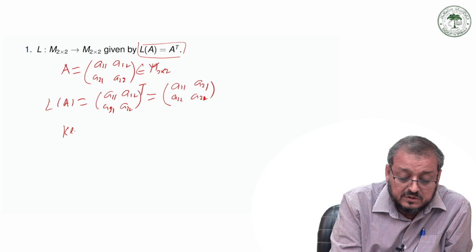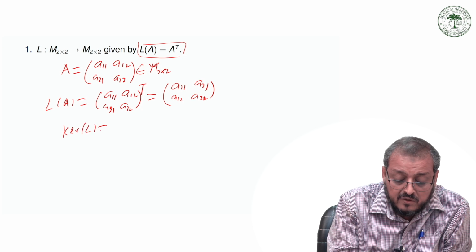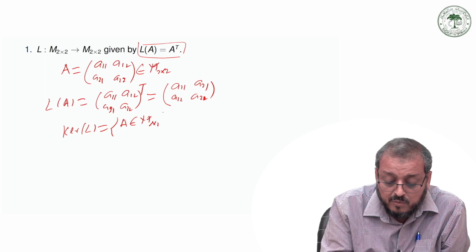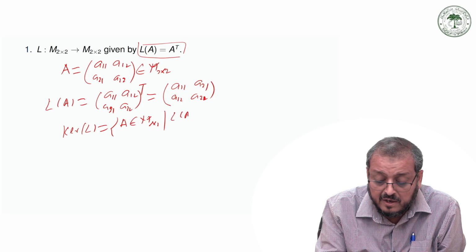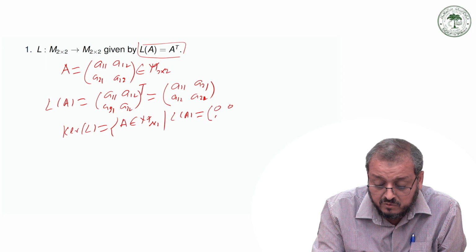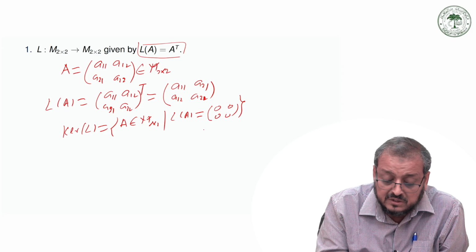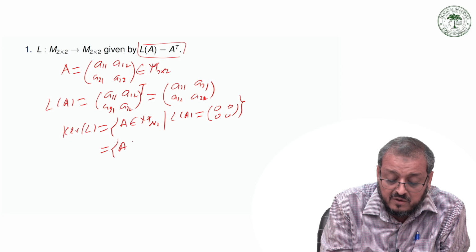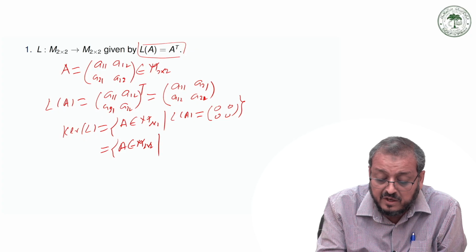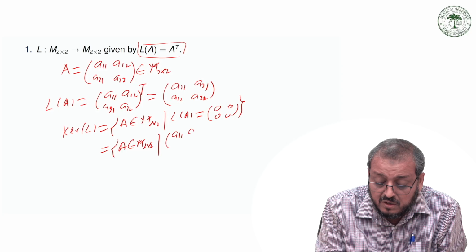So the kernel of this linear map L is the set of A in M2x2 such that L(A) is equal to the zero matrix, that is 0, 0, 0, 0. L(A) equal to A11, A21, A12, A22 equal to 0, 0, 0, 0.